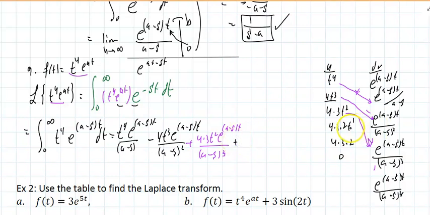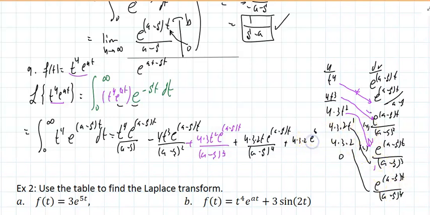Plus this times this, so plus minus, that is 4 times 3 times 2t e to the (a minus s)t divided by (a minus s) to the fourth, and there should be one more, plus 4 times 3 times 2 times e to the (a minus s)t divided by (a minus s) to the fifth.